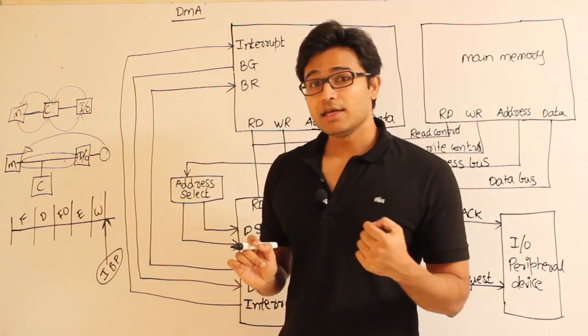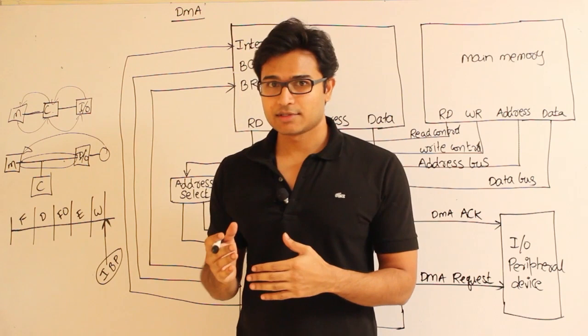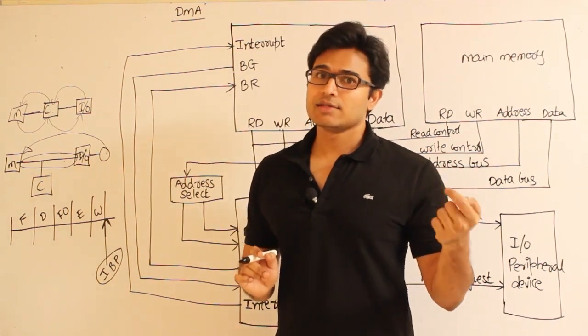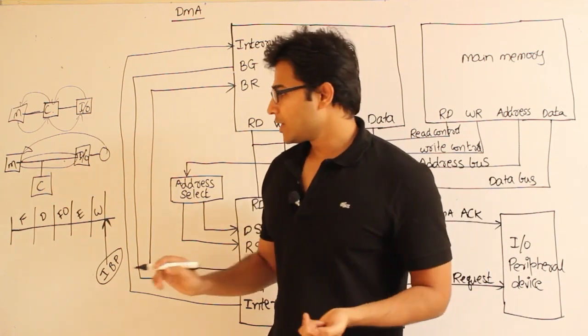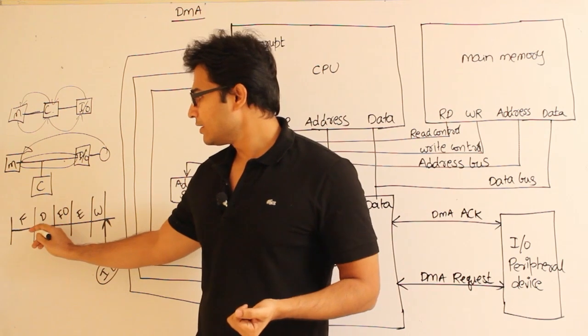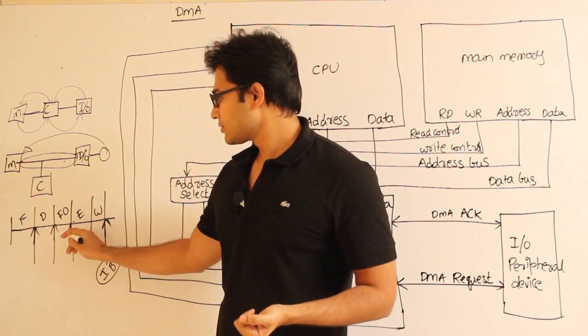But then DMA is different. In DMA, whenever you get the bus request, see, the interrupt will be given here, but whenever there is a request for the bus, you can grant the bus by sending out the bus grant signal at the end of every cycle. Got it?